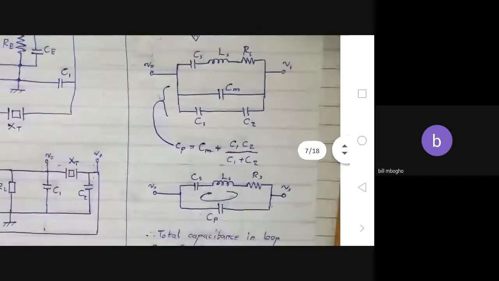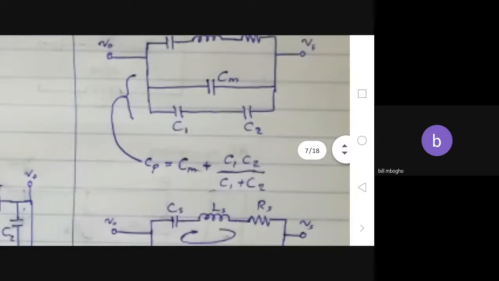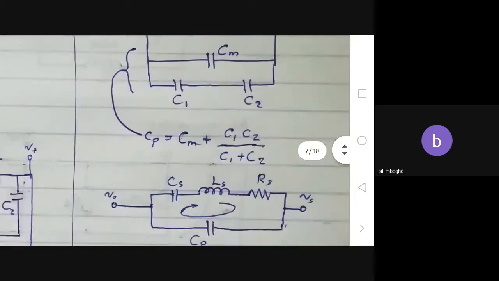Then you can put the CM, C1 and C2 together to form the one I've marked here as CP, which will be CM in parallel with the series C1 and C2. And for capacitances, that's how it's calculated.